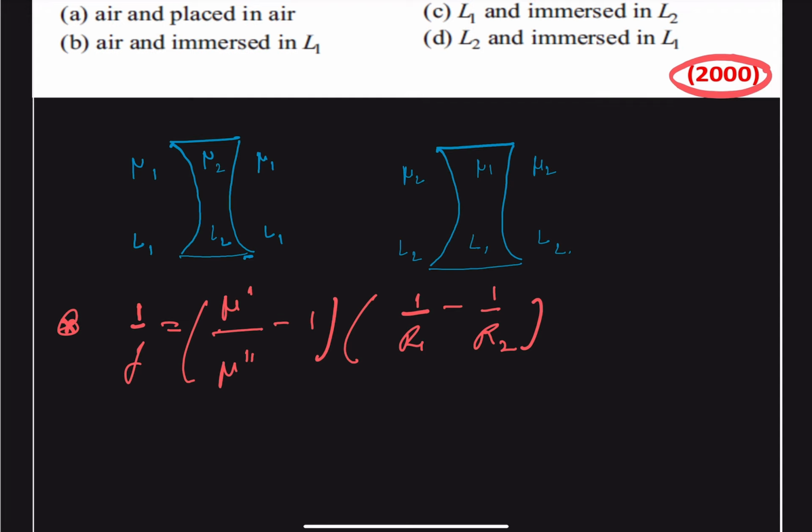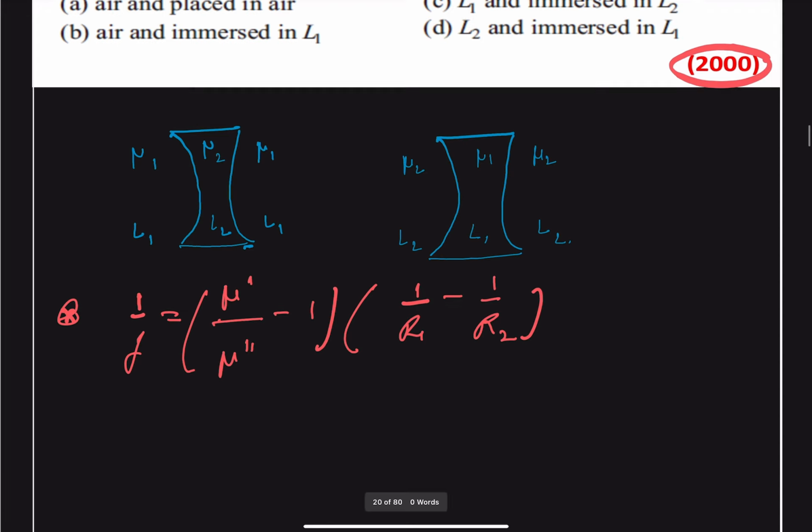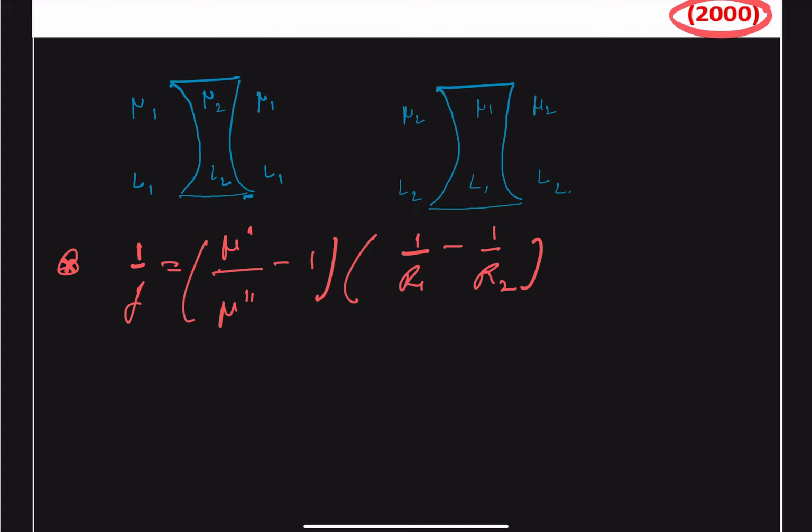Here mu prime is the refractive index of the lens and mu double prime is the refractive index of the medium in which it is dipped. In order to differentiate from mu1 and mu2, we wrote mu prime as well as mu double prime.